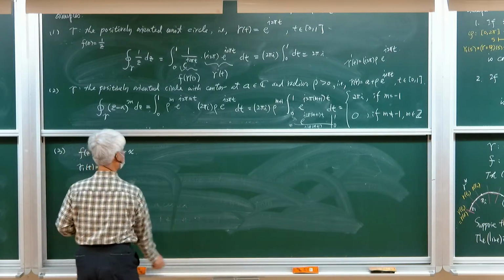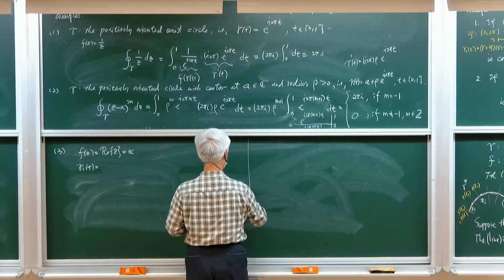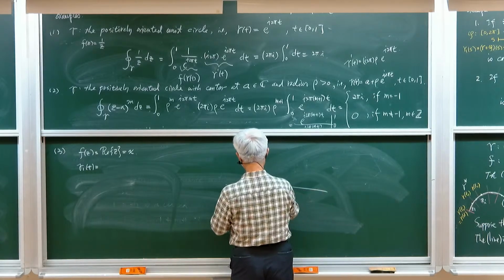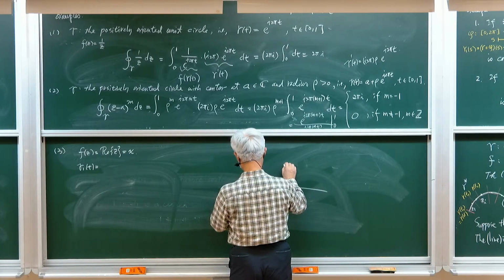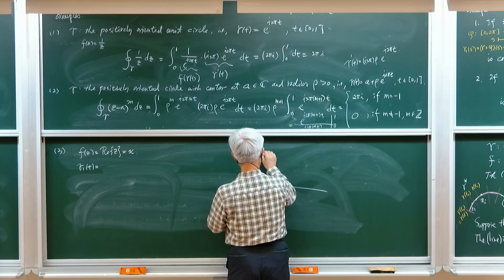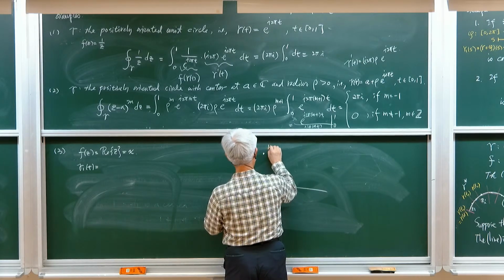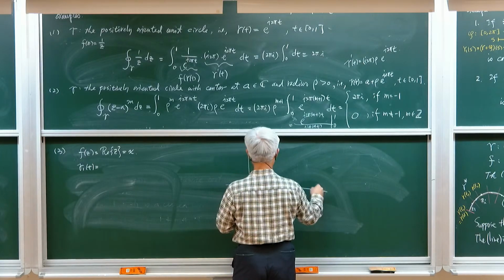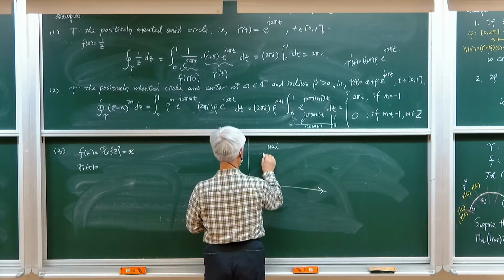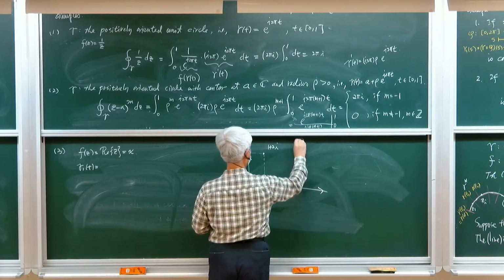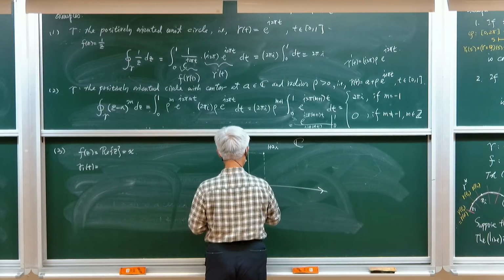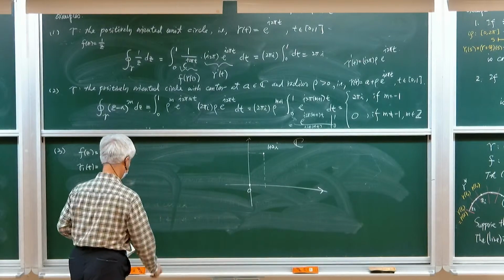We consider 2 endpoints. One is 0. The other is 1 plus 2i.